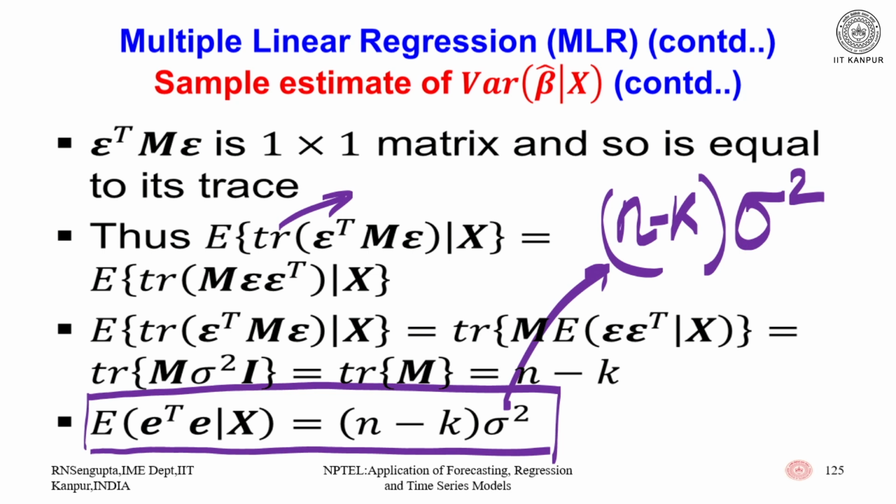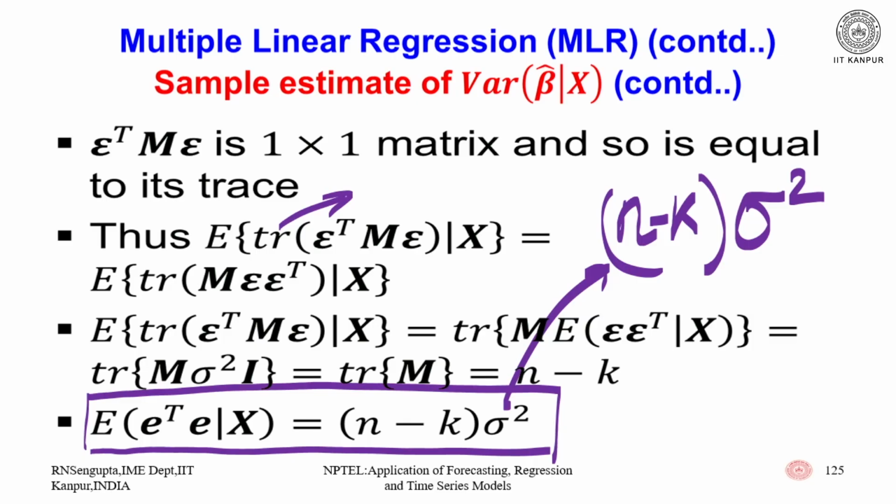N is the number of observations, k is basically the number of independent variables, and we will come to the concept of ANOVA, which I did mention, when the multiple linear regression models are discussed in detail. So, degrees of freedom and all these things would be considered, and there, in the concept of R square and adjusted R square that I mentioned, this n minus k would be relevant.